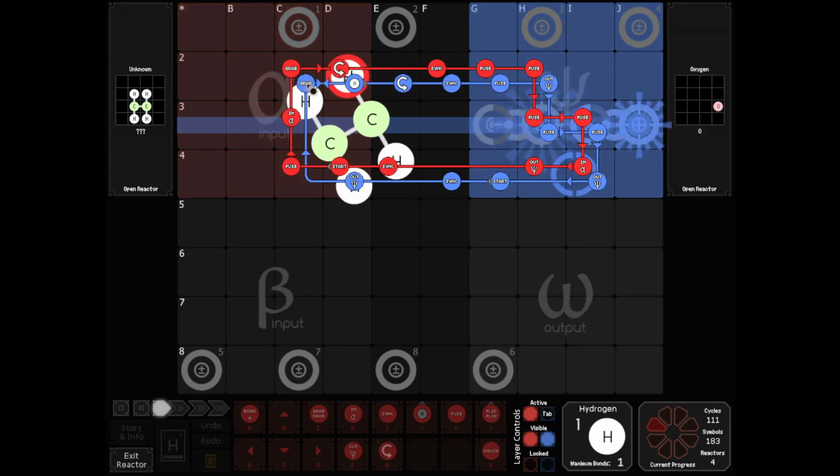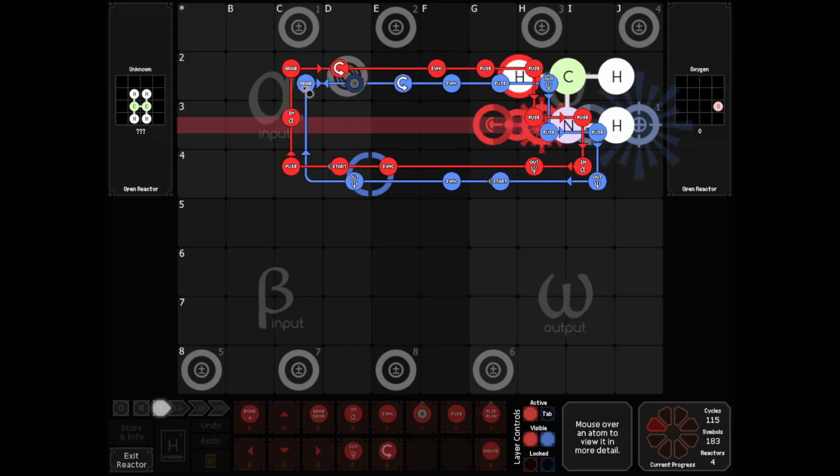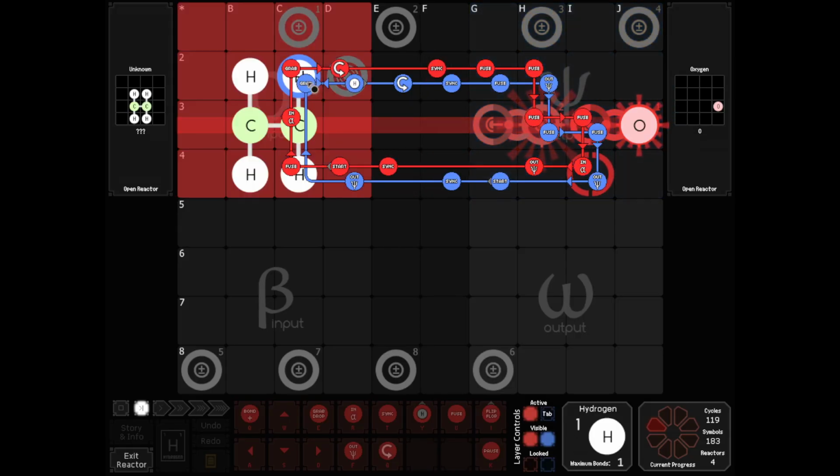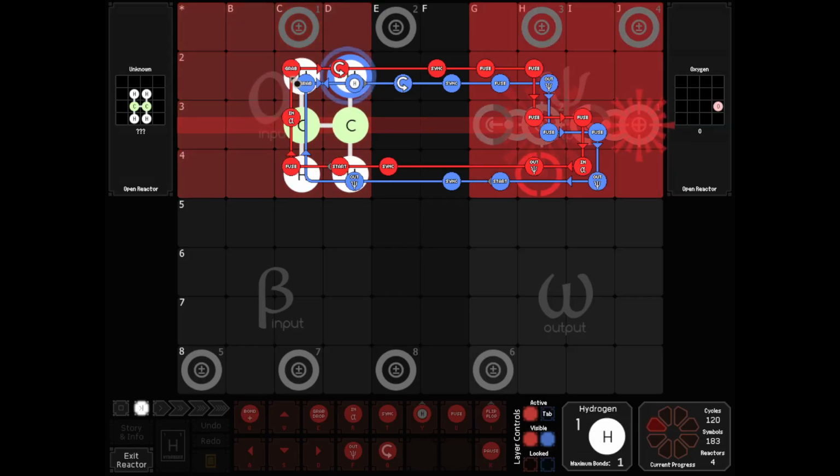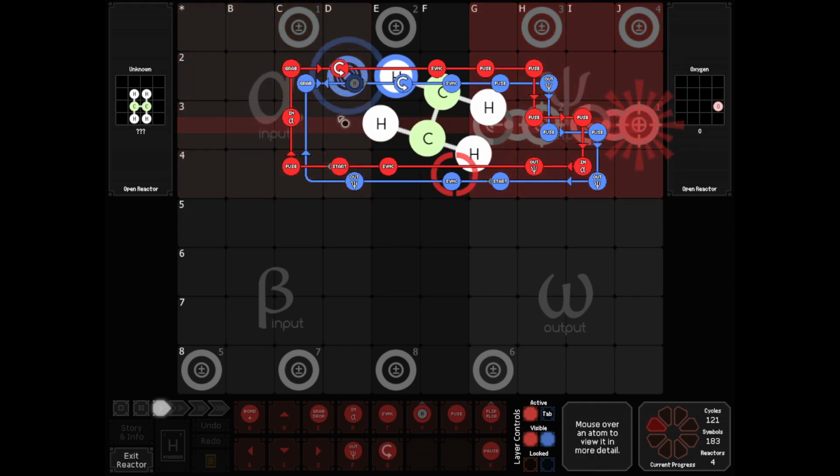So whenever there is no input yet, so when red is too slow or the previous reactor is too slow, something causes there to be no input here, then blue returns and grabs again.